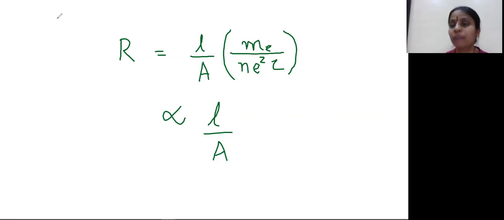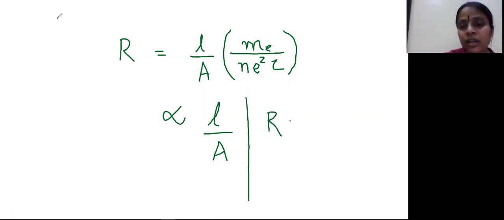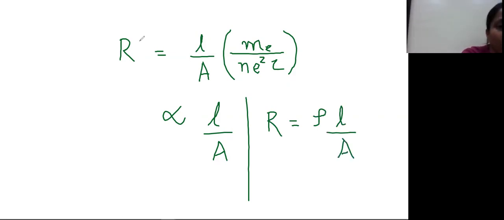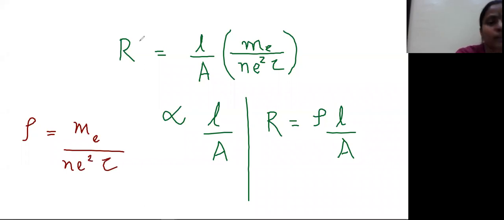Tau, the relaxation time, is going to be dependent on the material of the conductor. So please understand. What we are going to do is write this equation as rho L by A, where rho is going to be equal to m_e divided by N e square tau.